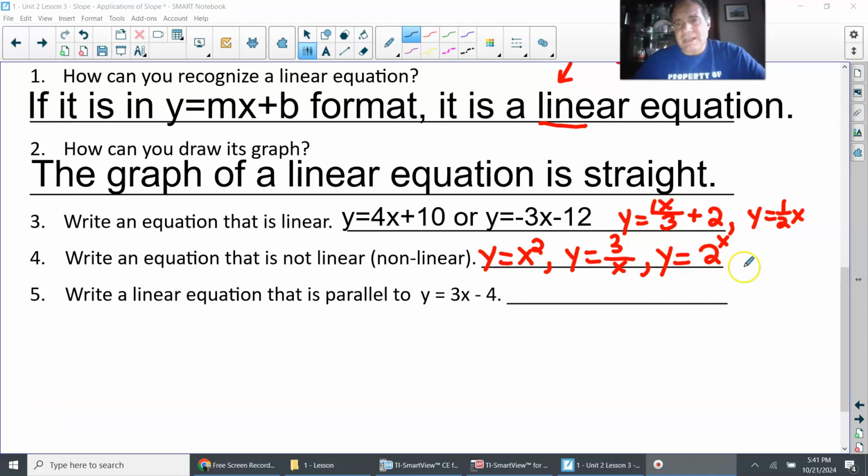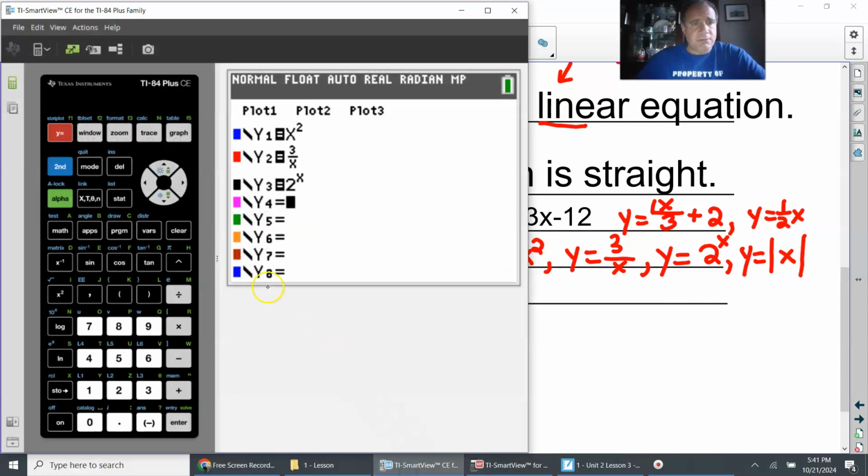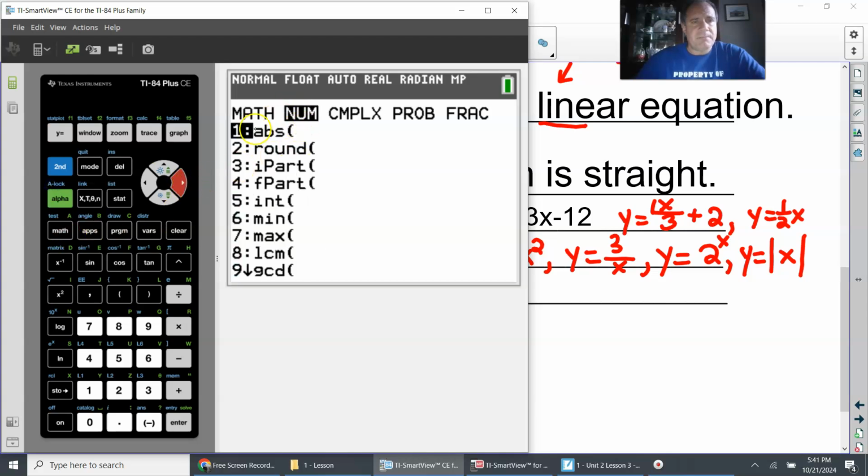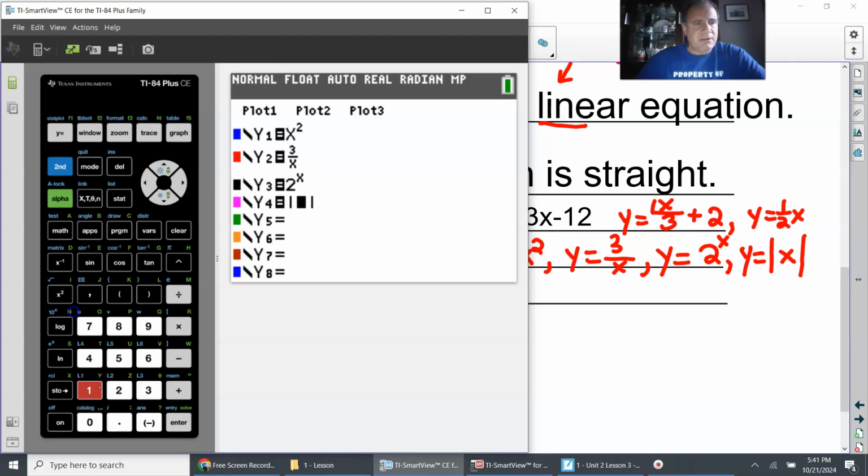Another equation that is nonlinear, we have absolute value of x, and that is not y equals mx plus b. We could bring up the calculator. To get to the absolute value in the calculator, you have to press math and go over to num. You see that absolute value there. You press 1, and there it is.